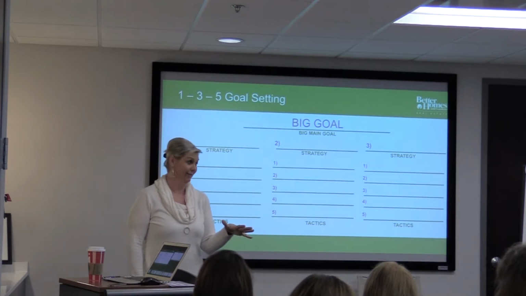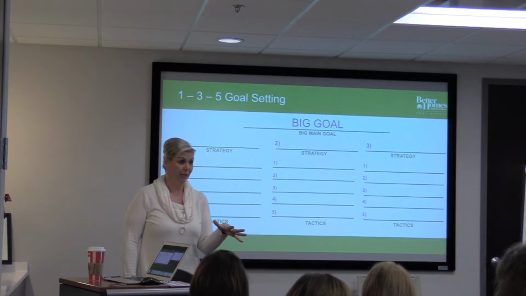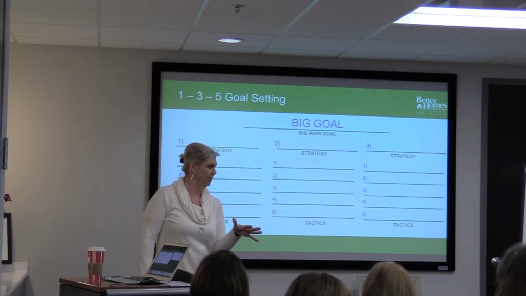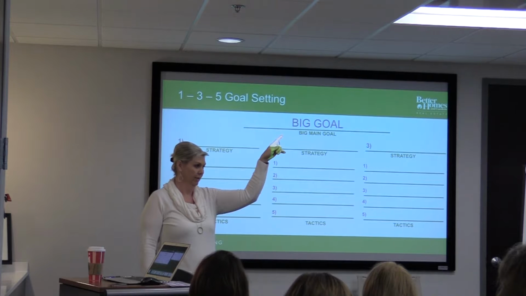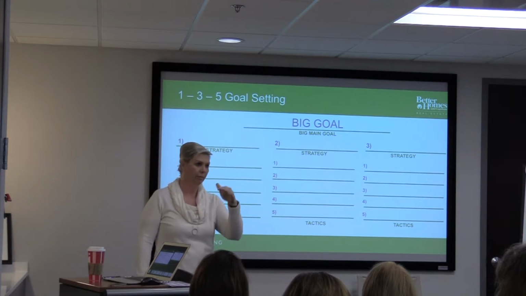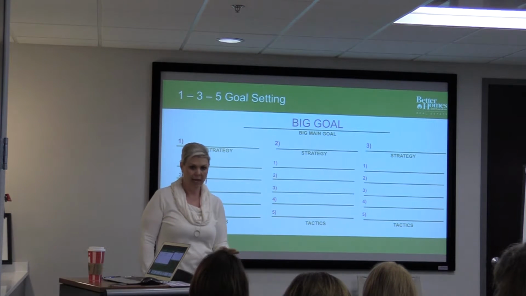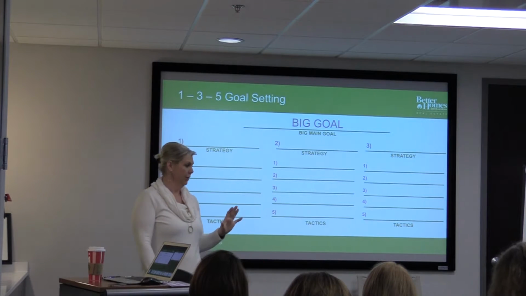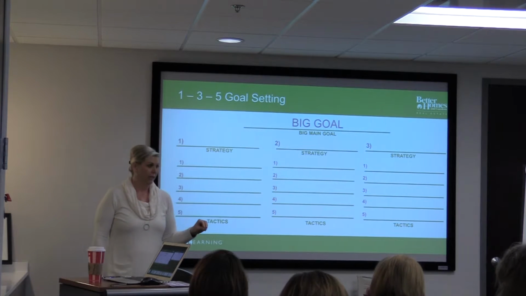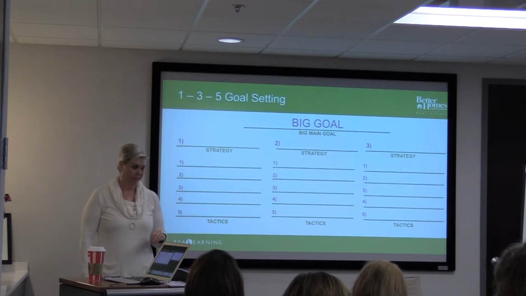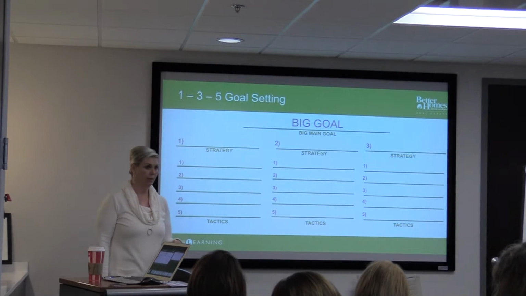This is hard. This is not as easy as it looks, because as you start doing the strategies, you realize, wait a minute, that could be a goal. Because I have sub-strategies, and I've got sub-tactics, and you can get really down in the weeds and go down a rabbit hole with this. Go back to the big main goal, and go back to the why.